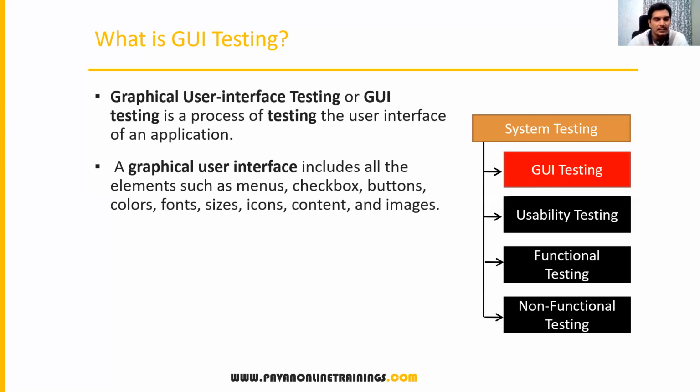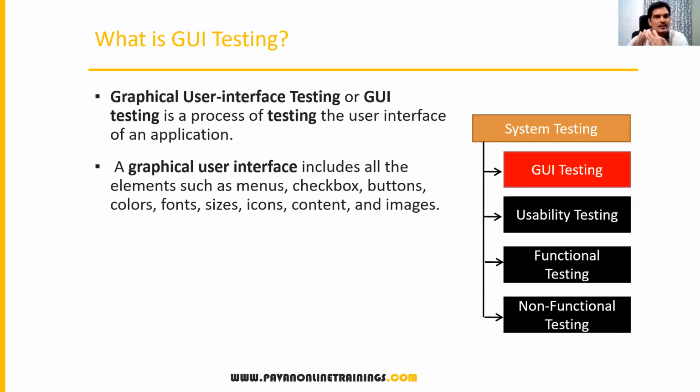From there, you are getting the data, which is presented on the UI, and then you are able to see the data. So that is the front end part. Wherever the user is interacting with the application, that is basically called the front end part. But the actual operation, actual data will be stored at the back end. Even the testing can be done in two different ways, front end and back end testing.